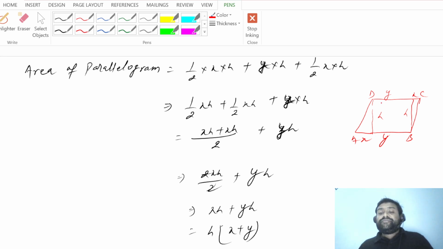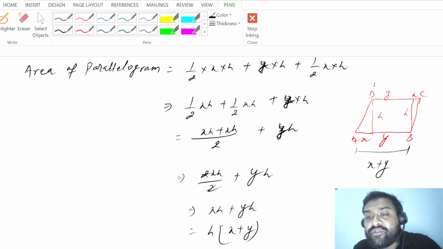So now what is xh? You can see x and y: x plus y is DC, or AB. So x plus y is the sum of the parallel sides. AB is also x plus y, the whole distance. In this also the whole distance from here to here will be x plus y.